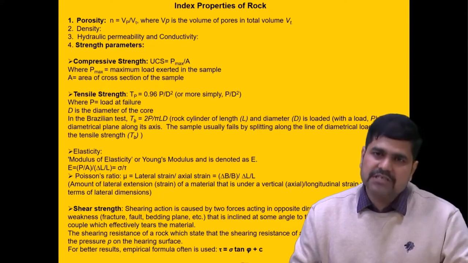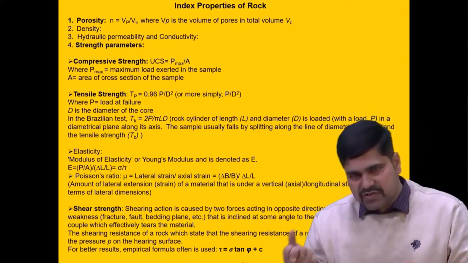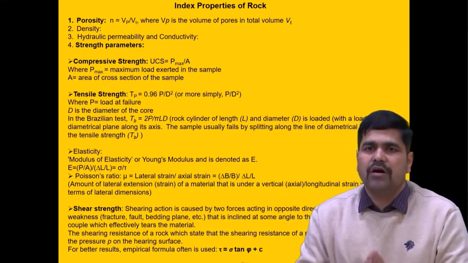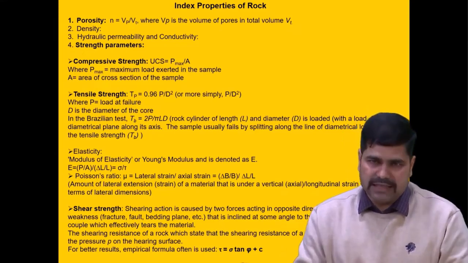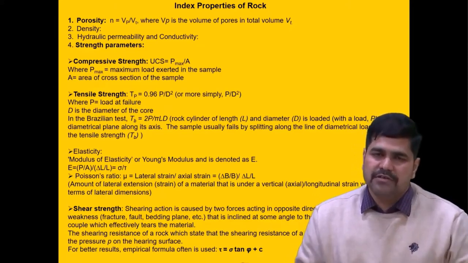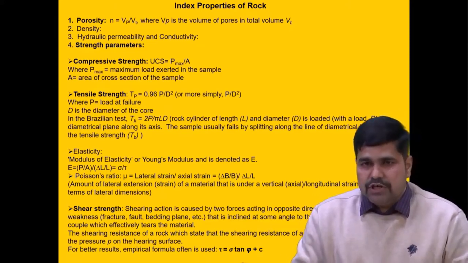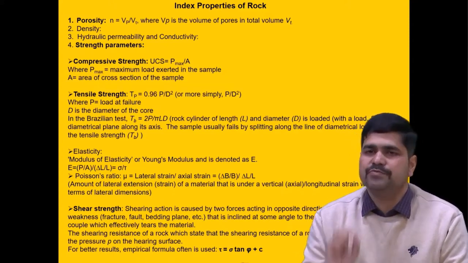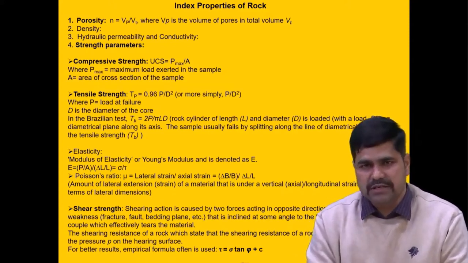So if any of these stresses wins against the strength of the material, then a failure happens and the rock develops some kind of fracture, or a faulting happens, or a landslide happens. There are several manifestations. For each of these stress parameters we have corresponding strength parameters in the rock.